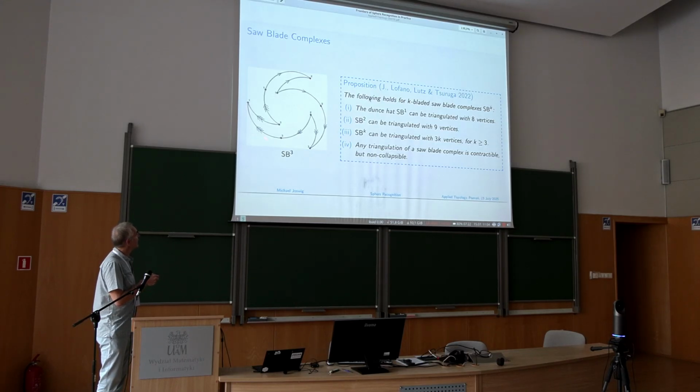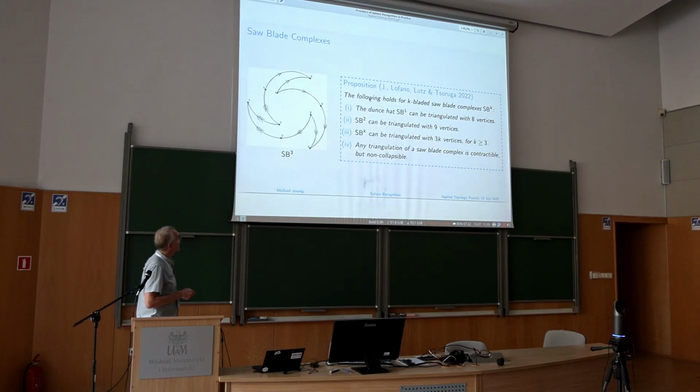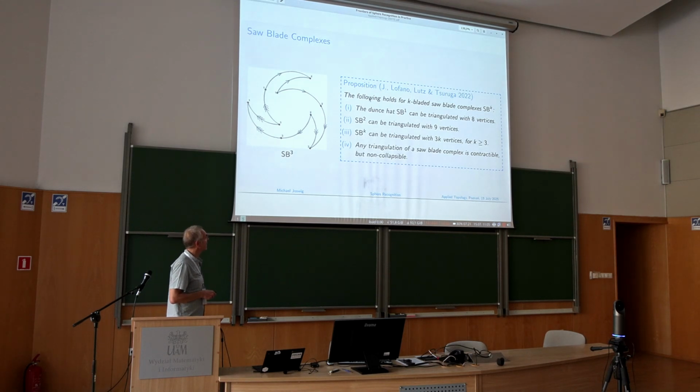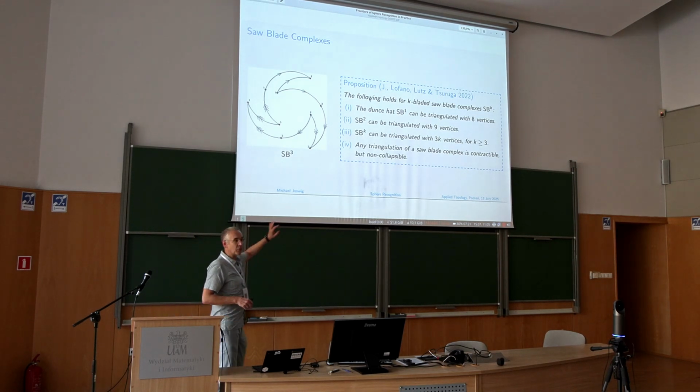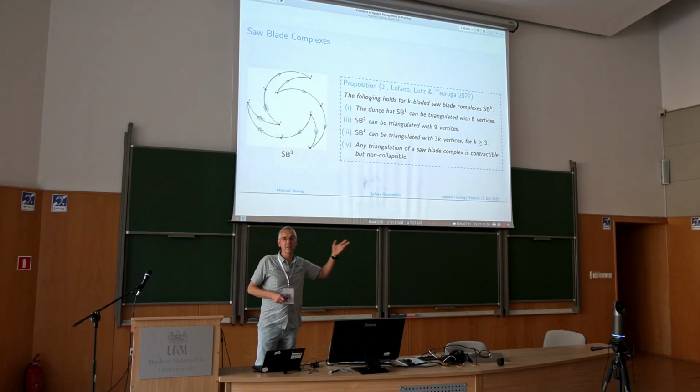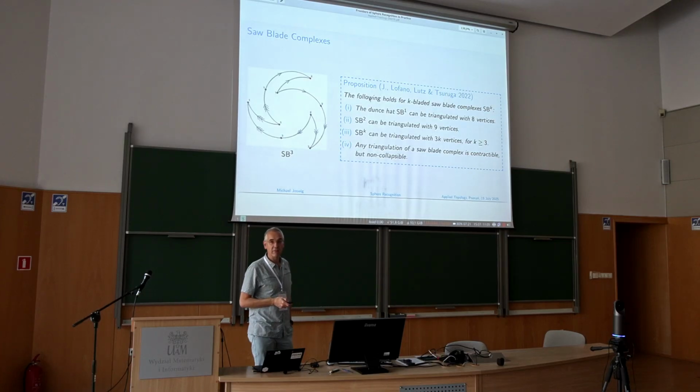It's a cell complex, and they look like these saw blades here with 3 blades, and they can be triangulated. And then, like the Dunce hat, they're always contractible but never collapsible. Very often we found in the analysis of the previous experiment that these are the reason why you get stuck. So this pattern occurs surprisingly often.